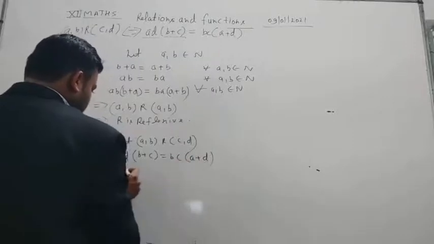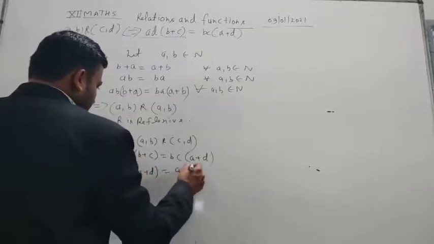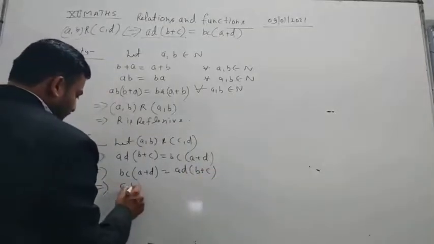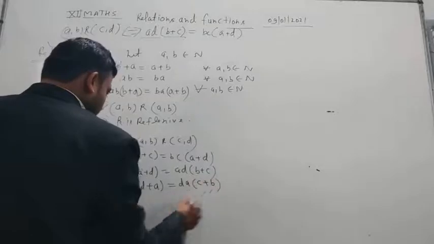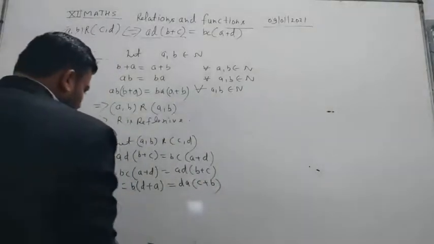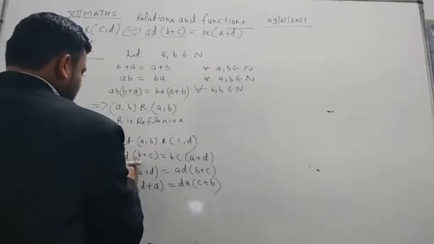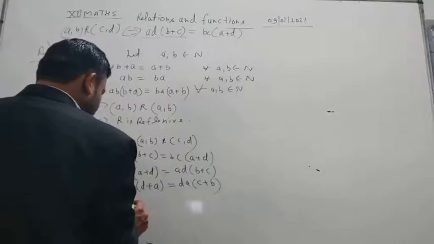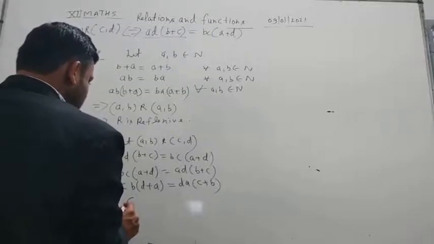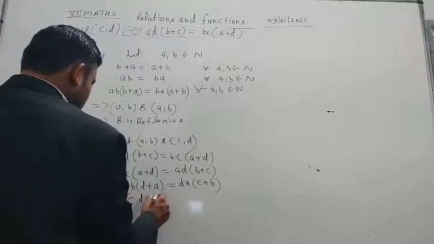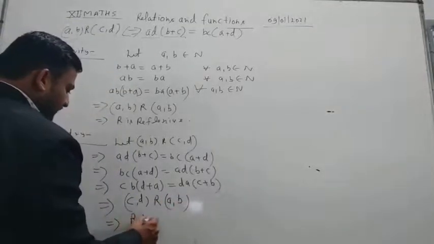We have to prove that (C, D) is related to (A, B), so we write BC(A + D) and AD(B + C). Then we write CB(D + A) and DA(C + B). Now we can write this as AD(B + C) = BC(A + D), so (C, D) is related to (A, B). So we can say that our R is symmetric.